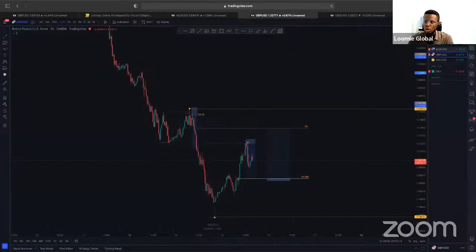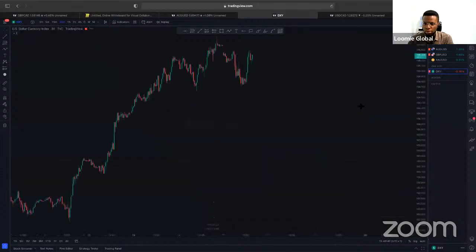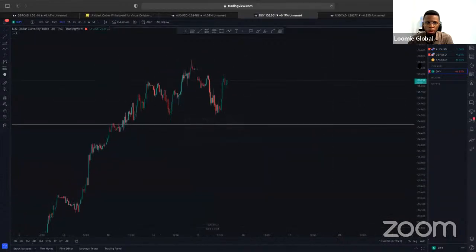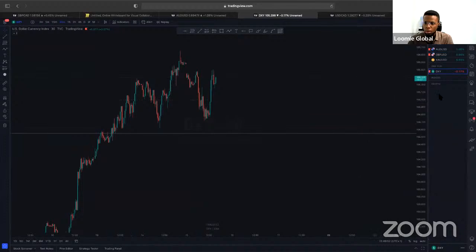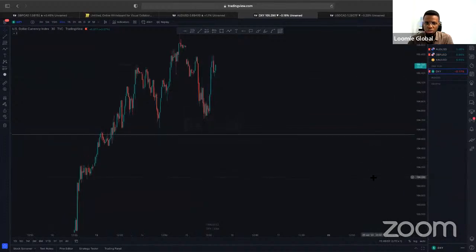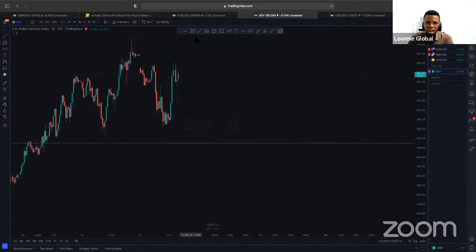Let us open the DXY on this chart. So we are on 30 minutes, and sorry, I'm moving my picture up, and I don't know if it's moving on the screen as well. We are seeing a huge period of bullishness here on DXY. This is the US dollar currency index, and we are seeing this period of bullishness here.